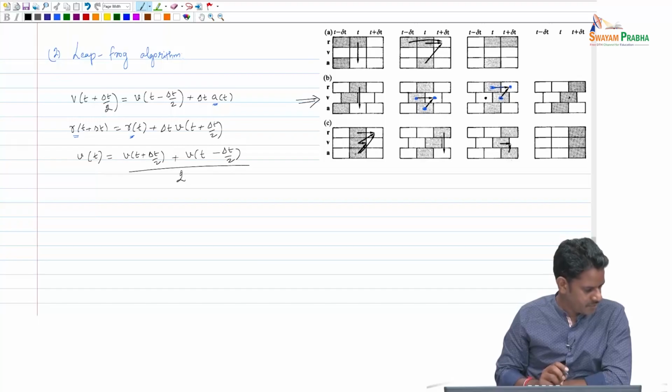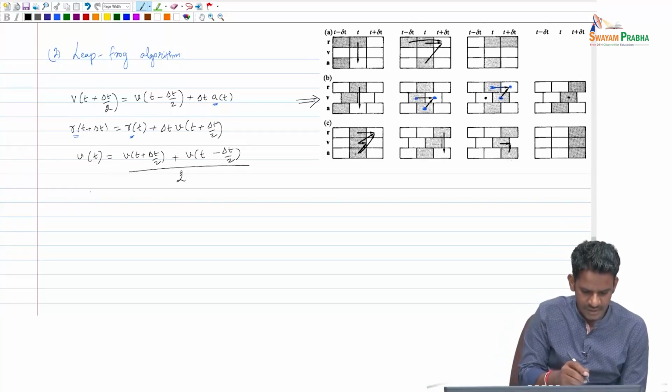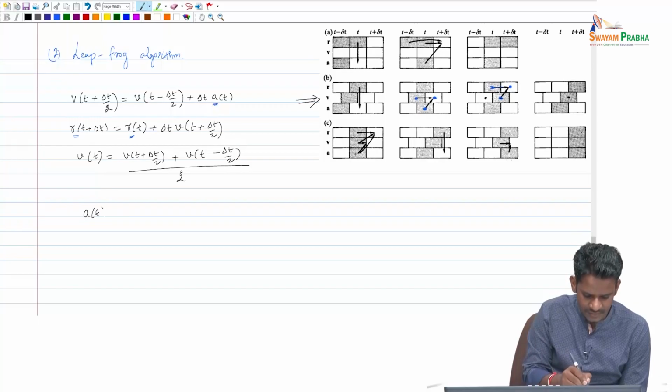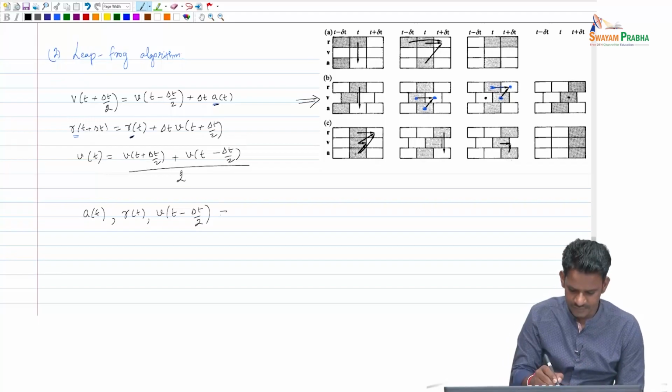So, in this particular algorithm, if you see what we have been storing, we are storing the a of t, that is this, and then r of t, that is this, and then also we are storing the mid step velocity, that is at delta t by 2. Thereby this will have 9n variable storage.